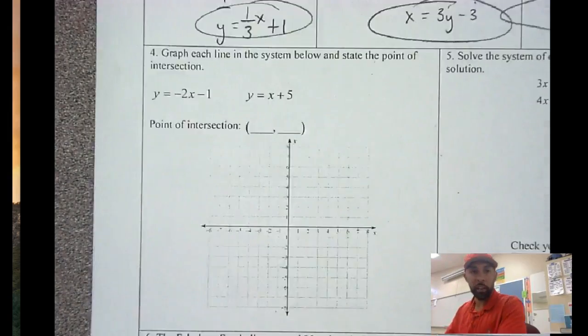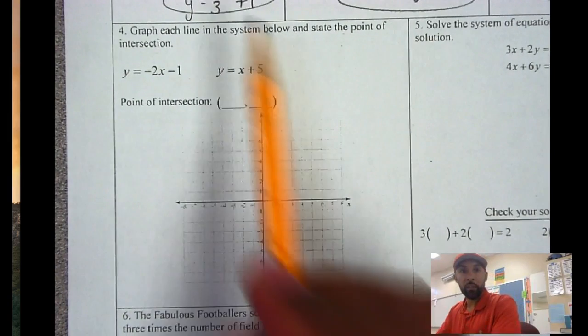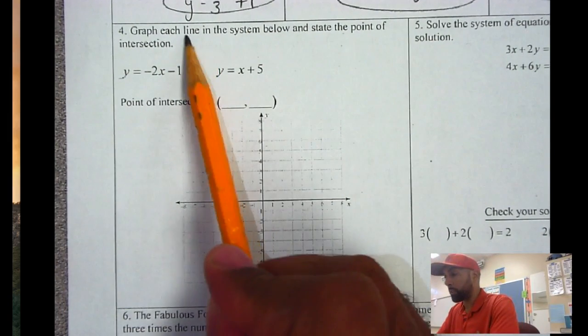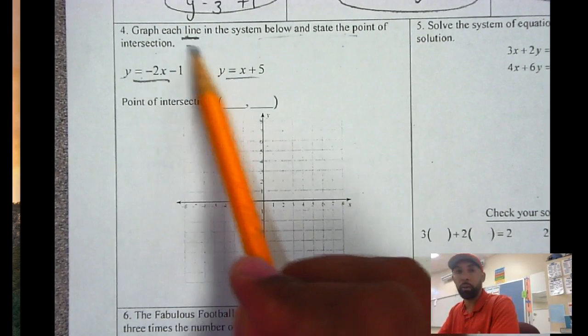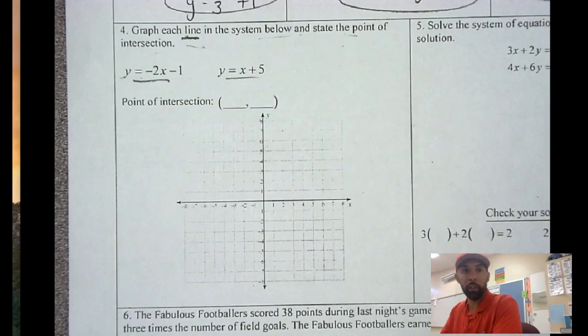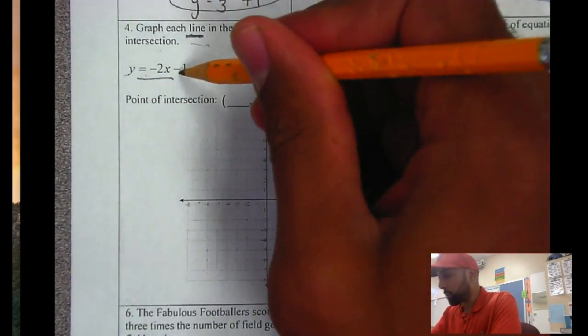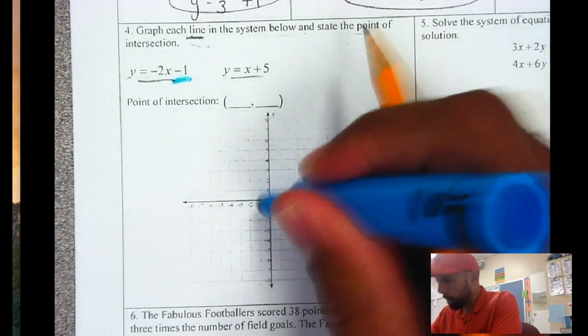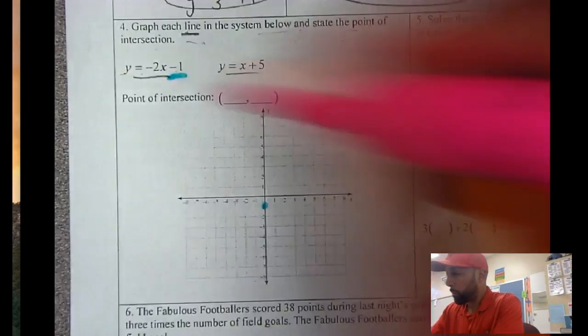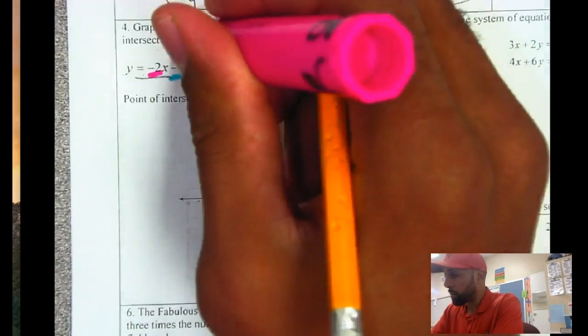All right, so now down here, we're going to graph each of these equations. That's what it means by graph each line, because that's a line and that's a line in the system below, and state the point of intersection, which is the solution where they cross. Okay, so first I'm going to start with this one. Remember that your starting point is -1, so I'm going to find the -1 on the graph. Okay, then I'm going to follow the slope, which is the -2, or the same thing as -2 over 1.